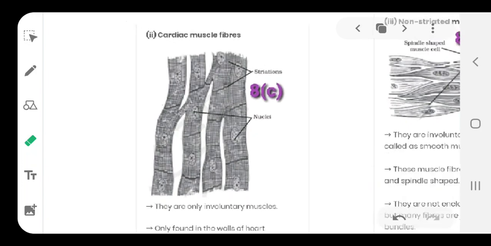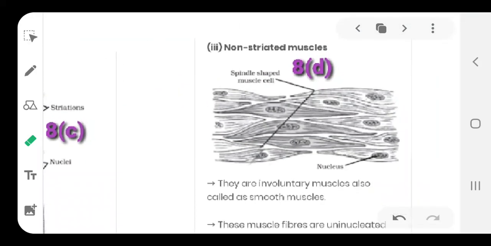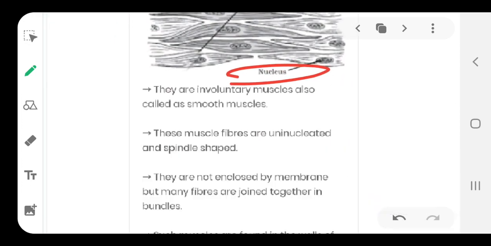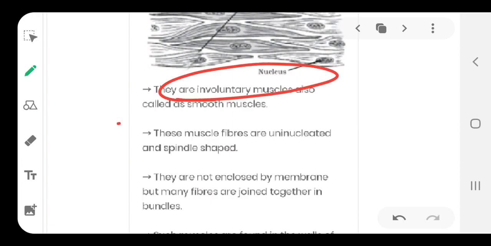Then we have the second one called non-striated. So here again in the diagram you can see it has a nucleus and spindle-shaped muscle cells. So the features for these are that they are involuntary. Earlier was voluntary, these are involuntary, means they are not in your control. So they are also called smooth muscles.